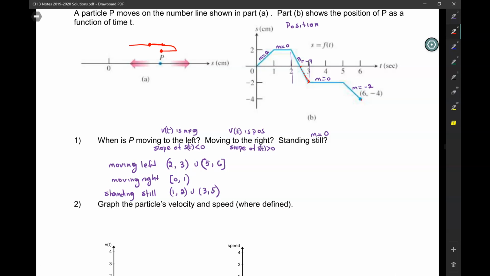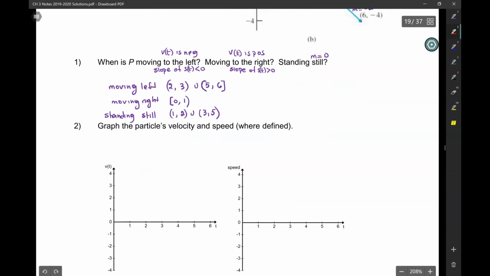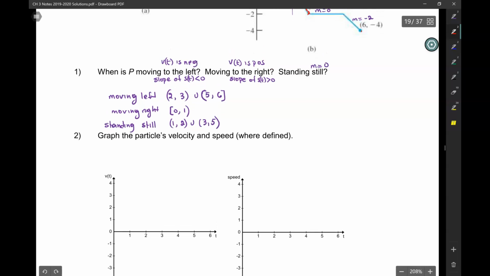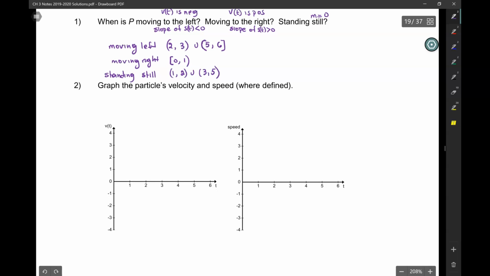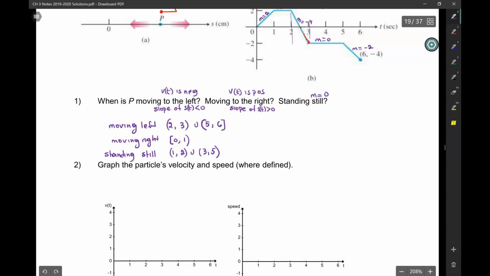So, graph the particle's velocity and speed where defined. Velocity is the slope. Speed is not, right? So slope from 0 to 1 is 2. From 1 to 2, slope is 0. From 2 to 3 is negative 4.